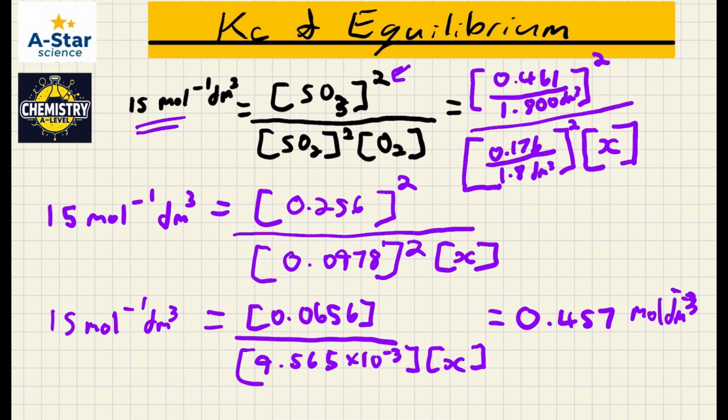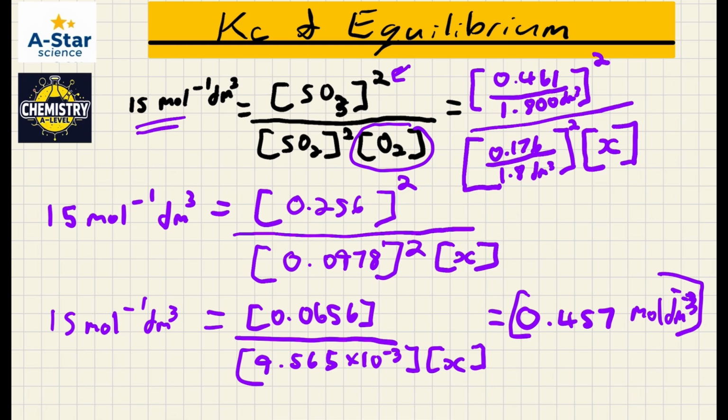Now that gives us the concentration of the oxygen. Remember, this is the oxygen which we made X. But we're trying to find in the original question the amount of moles of oxygen.